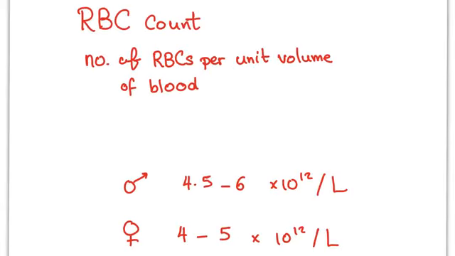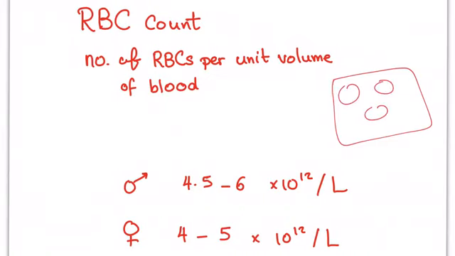Let's start with RBC count, erythrocyte count, the number of red blood cells per unit volume of blood. Imagine that you have like a pool, okay? This pool is full of red blood cells. You count the total, and that's the RBC count.